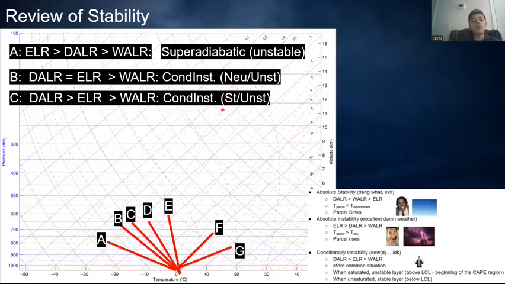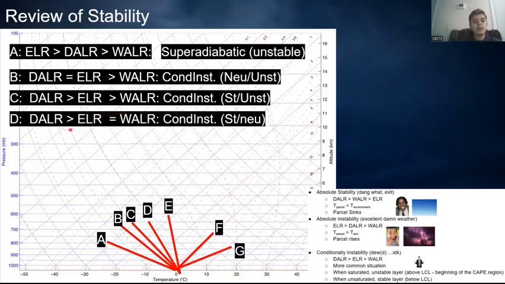We have stable if we're talking about this rate, unstable if we're talking about this rate. And it's really about what's happening for the parcel trace, because remember, once we get to the LCL, we switch which rate we use. So it's conditional instability with respect to whether we're using one rate or the other, and that depends on whether we've reached condensation or not.